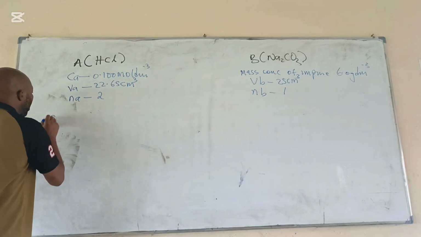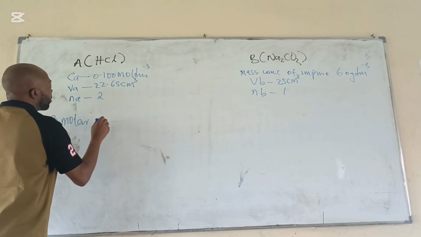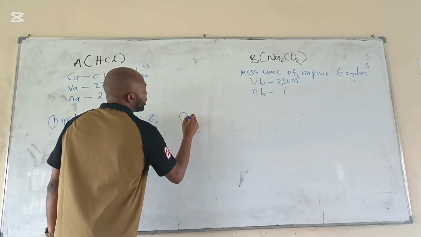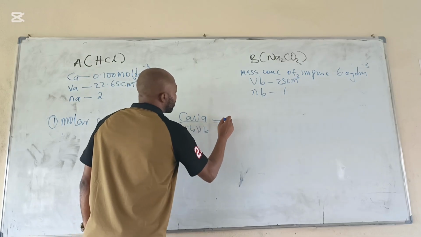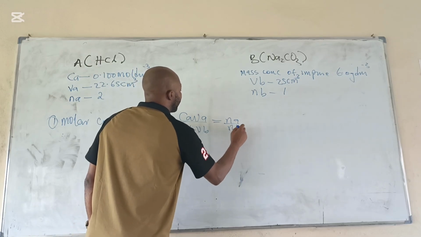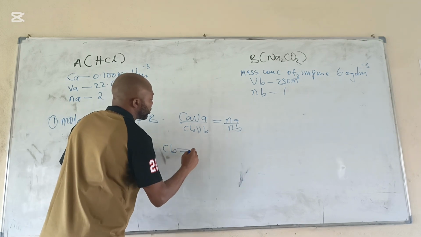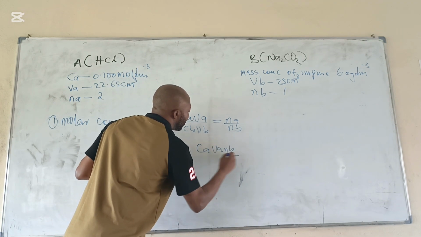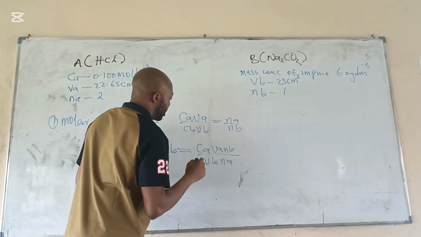So for us to get number 1, the molar concentration of B, we use the formula CAVA over CBVB is equal to NA over NB. We're looking for CB, so CB is equal to CAVANB over VBNA.